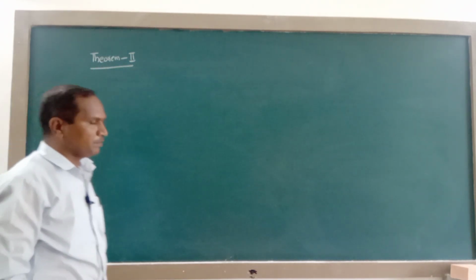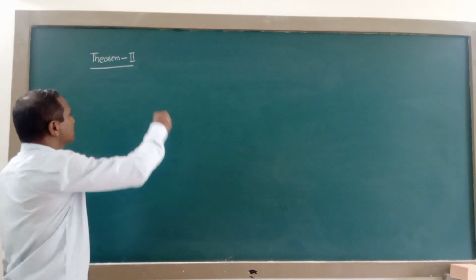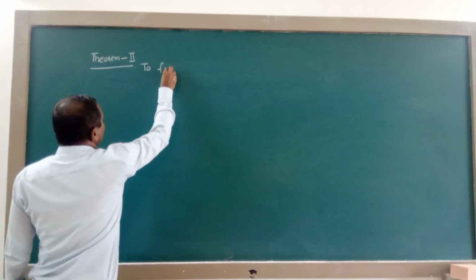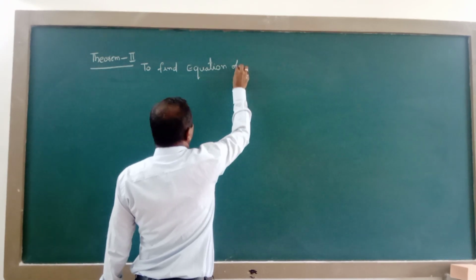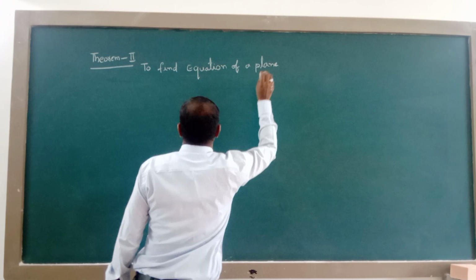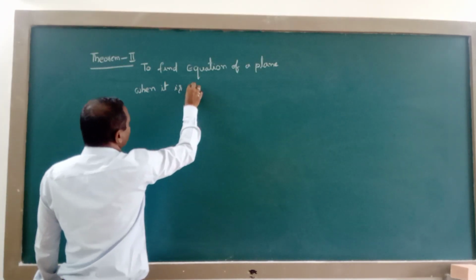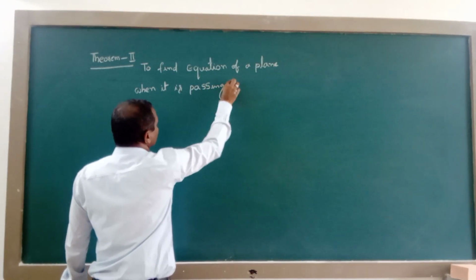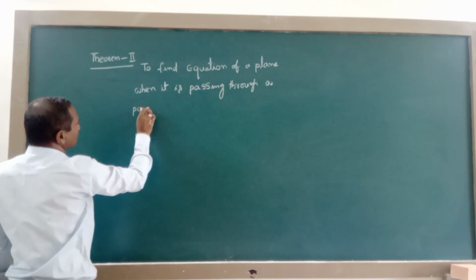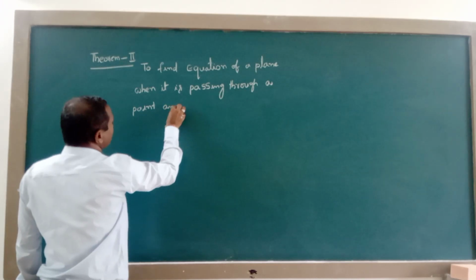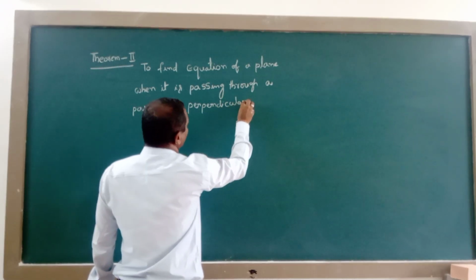To find the equation of a plane passing through a point and perpendicular to one vector, that is one normal.